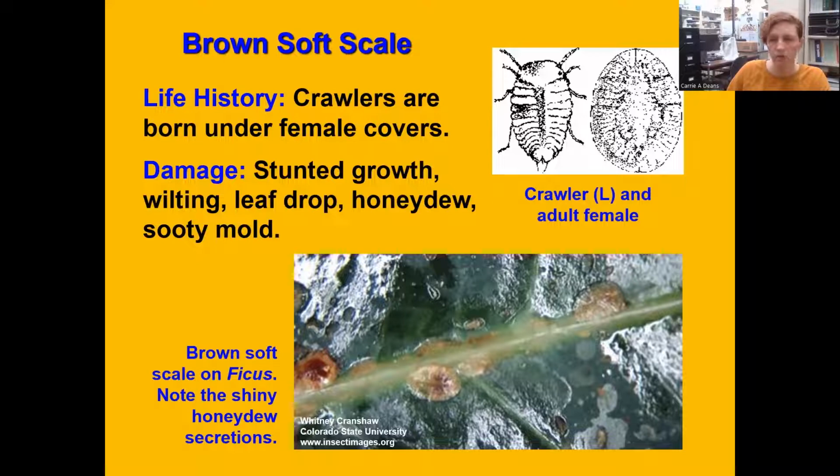So here in this picture, you can sort of see the sheen that this leaf sort of has because of the honeydew being produced by these scales as they're feeding on the phloem and getting rid of the excess sugars.